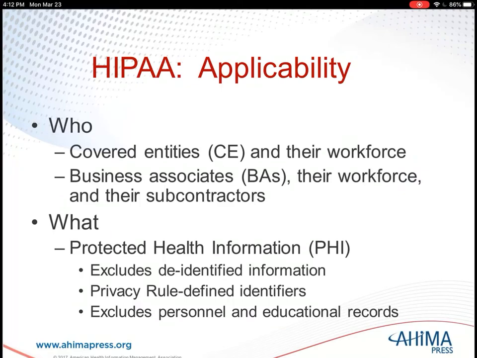Well, it applies to covered entities and their workforce, and business associates, their workforce, and their subcontractors. What does it apply to? Well, it applies to protected health information. Now, it does exclude de-identified information, which we're going to get into as we flip the page. Privacy rule, there's defined identifiers, and it's going to exclude personnel and educational records.